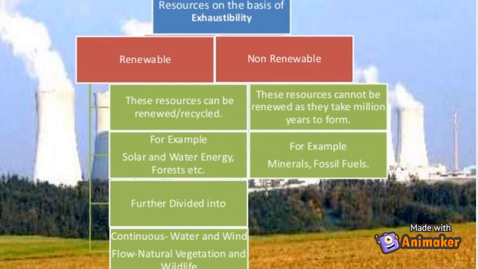For example, solar and water energy, forest, and wildlife, etc. Non-renewable resources are the resources which cannot be renewed quickly. As you know, these resources take millions of years in their formation. For example, mineral, fossil fuel, etc.